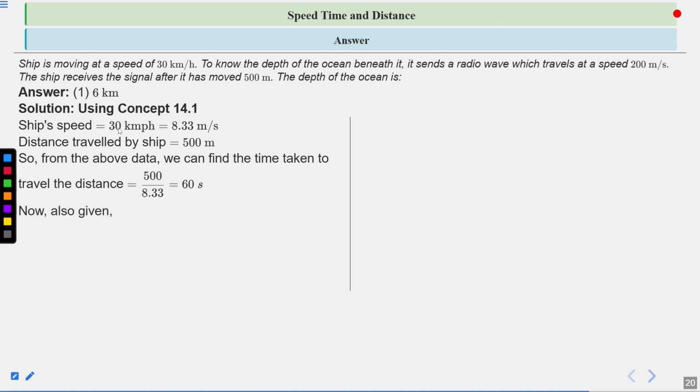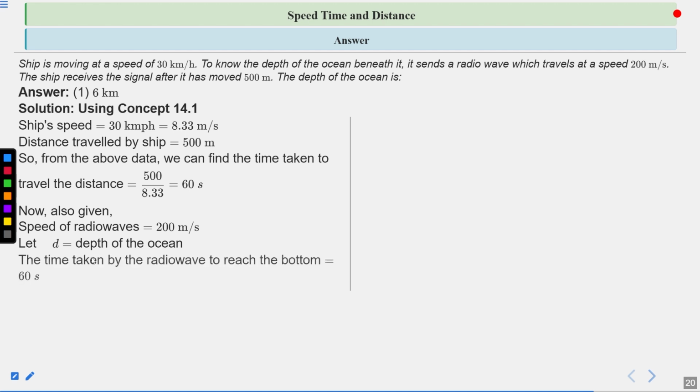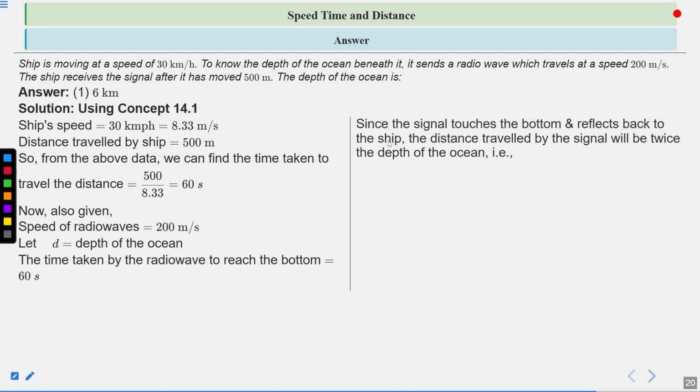Now it is also given that the speed of the radio wave is 200 meter per second. So let D be the depth of the ocean. The time taken by the radio wave is 60 seconds. Since the signal touches the bottom and reflects back to the ship, the distance traveled by the signal will be twice the depth of the ocean. That is, the distance traveled is 2D.